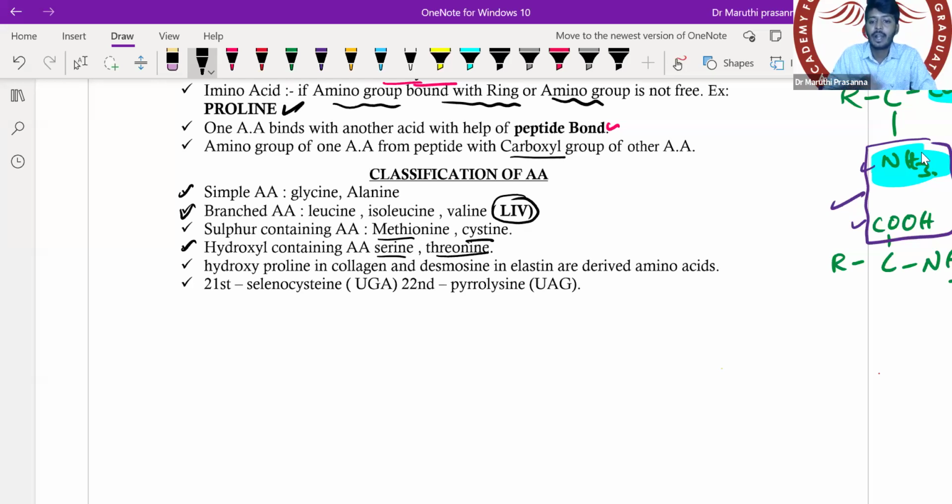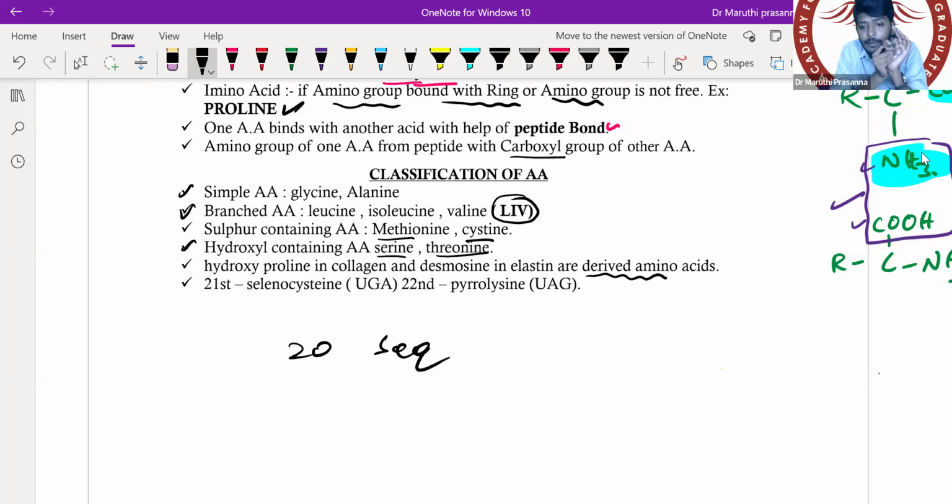Now we have something called the derived amino acid concept. What is this? All of you remember, in a protein, all amino acids are genetically coded. Which amino acid should be there, that information is coded in the DNA. If I have a protein with 20 amino acids, the sequence is coded in the form of a genetic code.